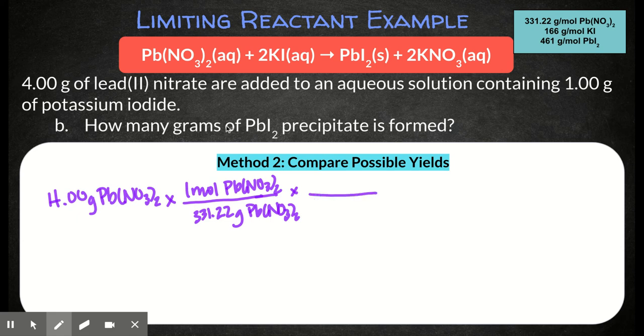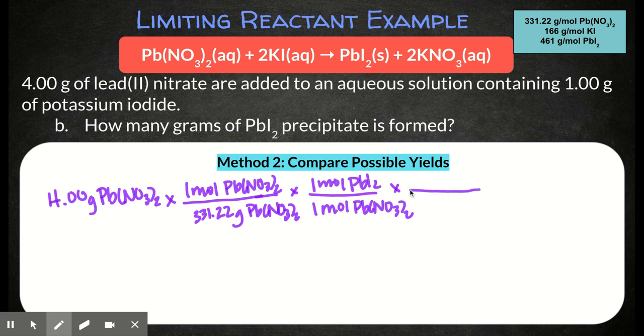Next, instead of looking at my other reactant, I'm looking at my product. So I want to know how many moles of my product can be formed and how many grams of my product can be formed. So 1 mole of PbNO3 can produce 1 mole of PbI2. Even though this is a 1-to-1 mole ratio, you still need to include it in your work.